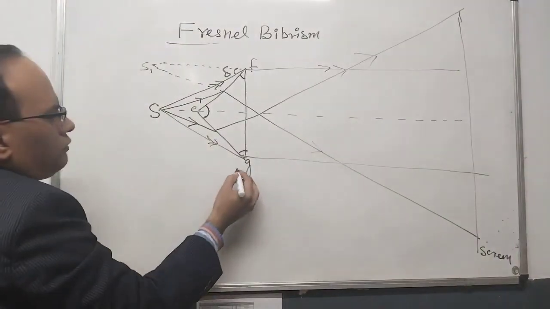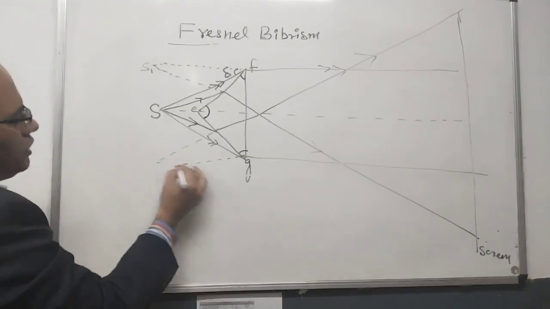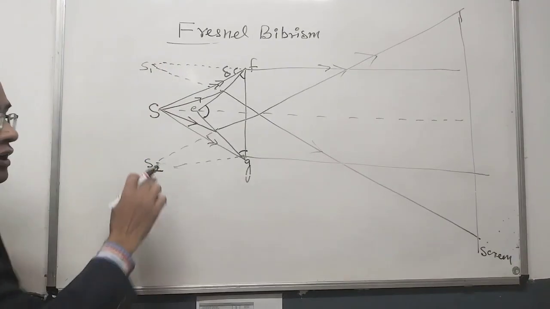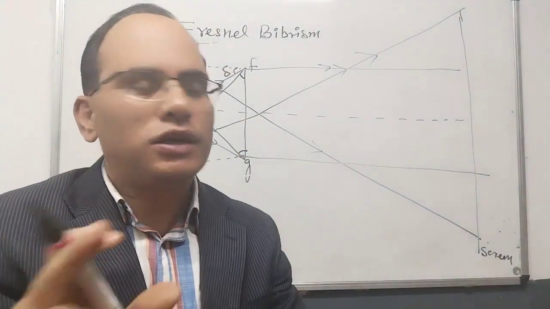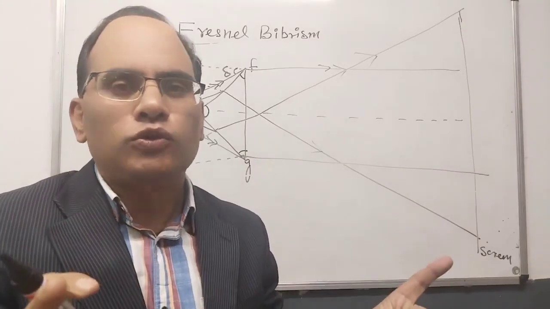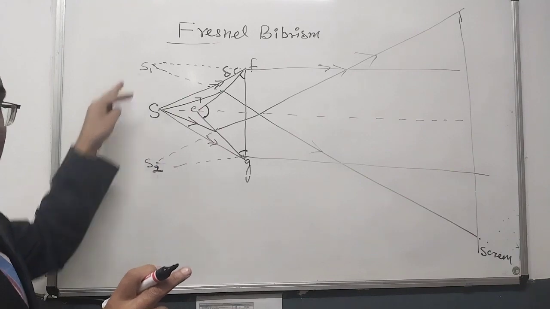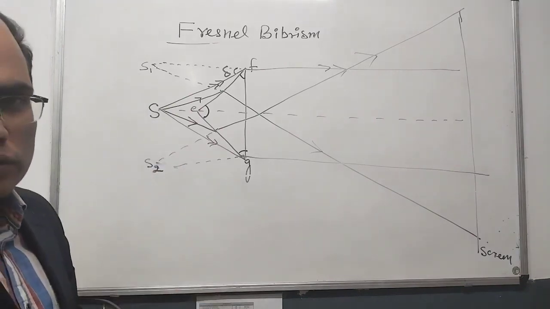Again when we produce these two rays back, they appear at a certain point, called the S2 point. Remember, S1 and S2 are two dependent sources. They depend on S. Suppose there is no S, then there is no S1 and S2. So they are called dependent sources that depend on S. S is called the independent source.